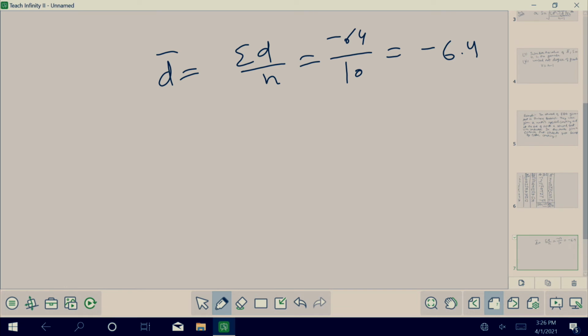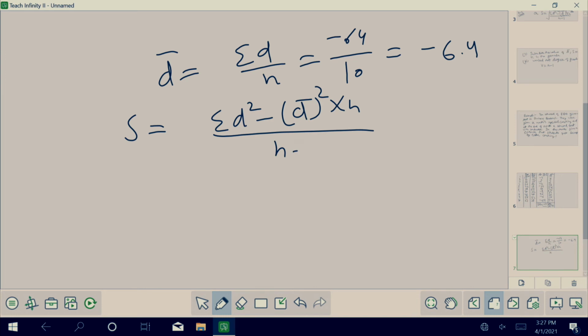Now the second value is S. To calculate S, we need the formula: square root of sigma d square minus d dash square into n, divided by n minus 1.